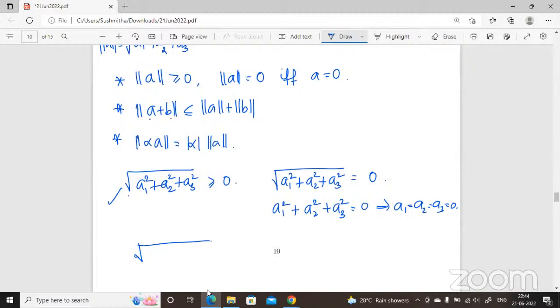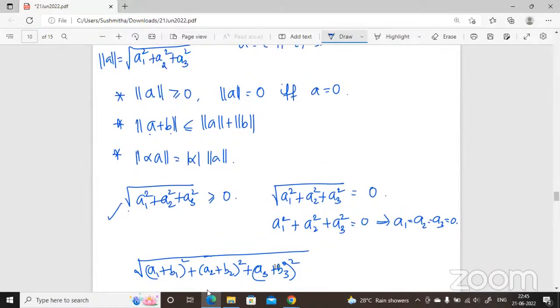A plus B: you will take A1 plus B1 whole squared plus A2 plus B2 whole squared plus A3 plus B3 whole squared. This is like the inner product thing that we saw, no? A plus B means the vector A plus B. So A1 plus B1, comma A2 plus B2, comma A3 plus B3. Okay. Yeah.